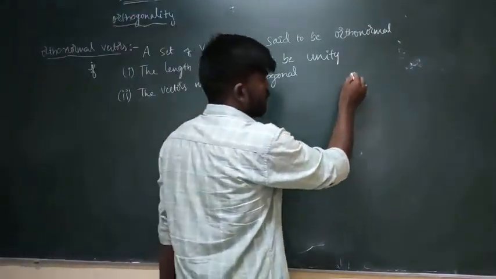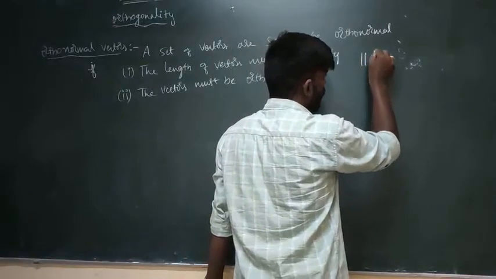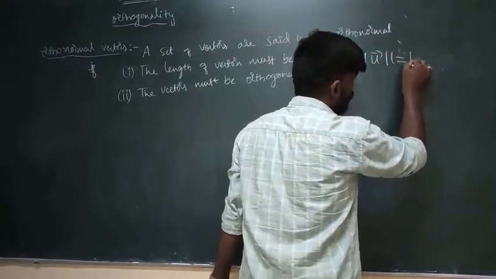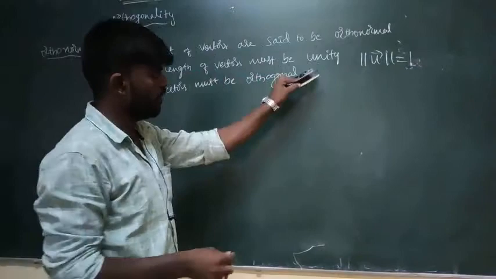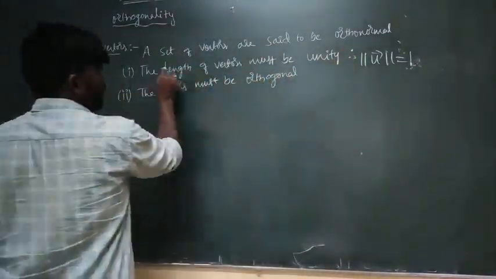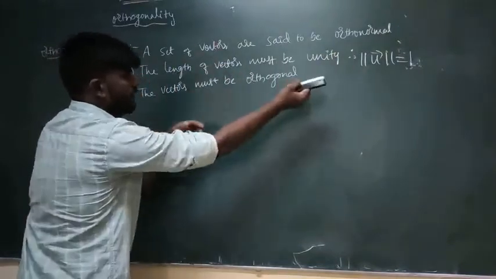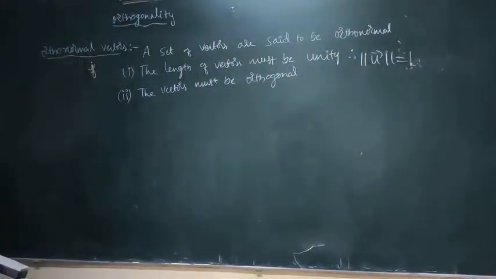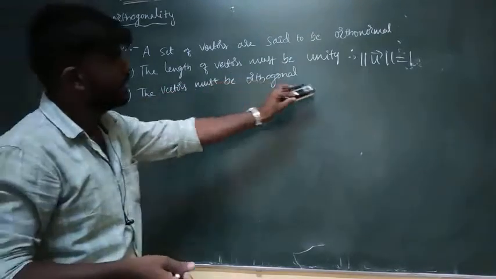Unity means the norm of any vector is equal to 1. Therefore, the length of the vectors must be unity. We also call the norm the length of the vector. The length of that vector must be 1.